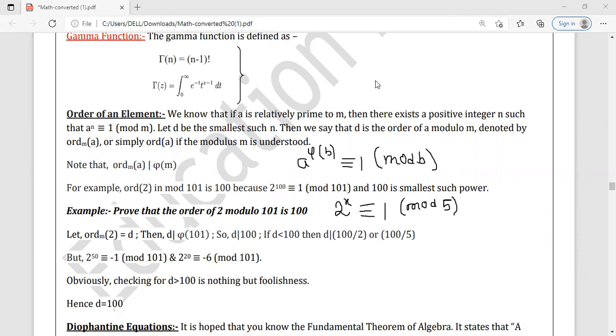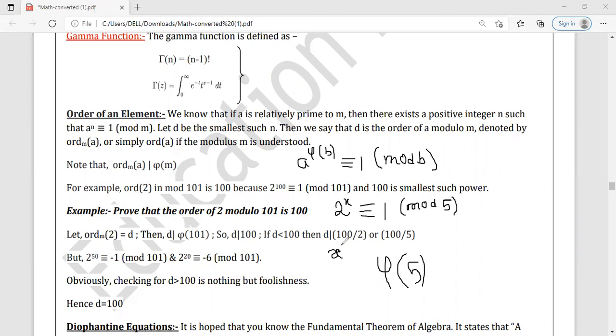Now you told me that 2 to the power 4 is congruent to 1 mod 5 because phi of 5 is 4. The phi function of 5 is 4, right? But listen to me, see here, is 2 to the power 4 the least value of x?